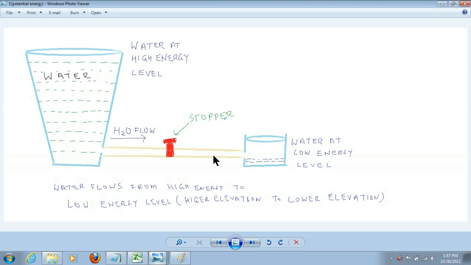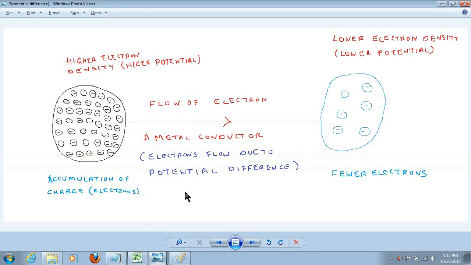Now with this analogy in mind, we can easily understand how electricity flows and what is potential difference. We already discussed what is potential. Potential is nothing but work done. Now we will understand what is potential difference.